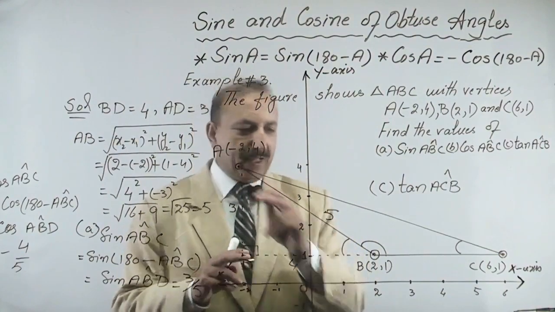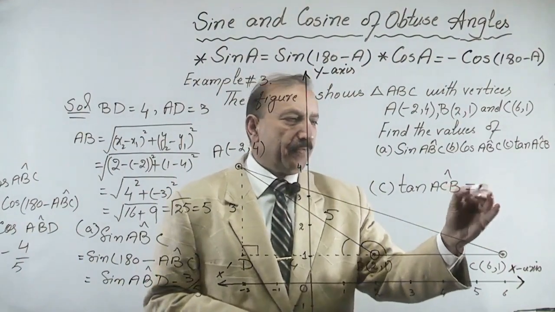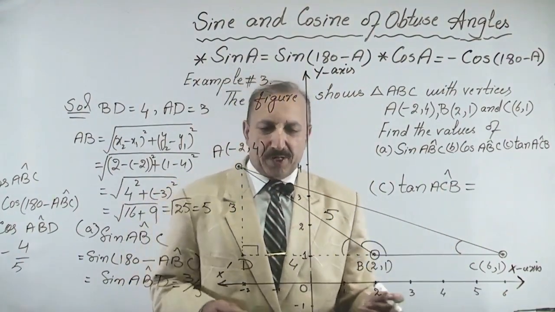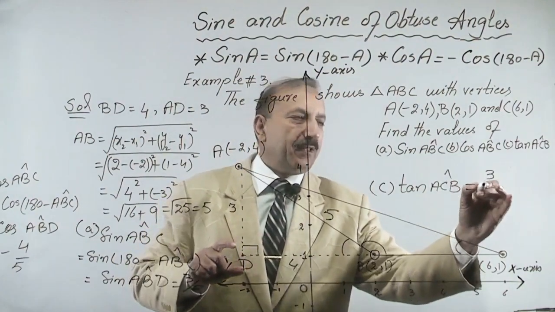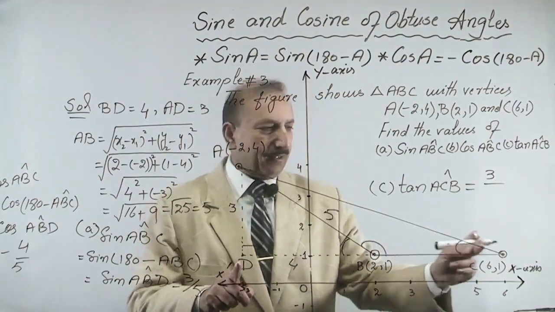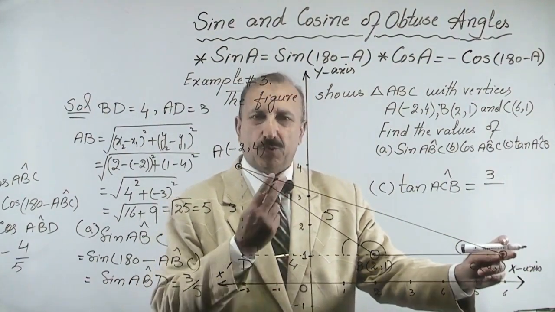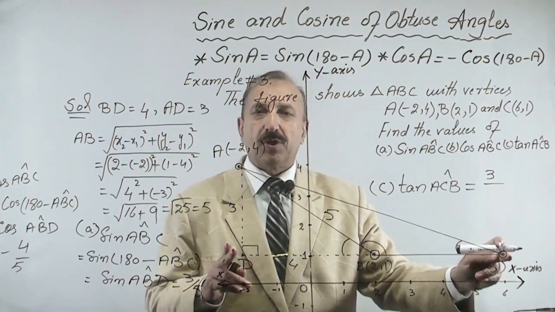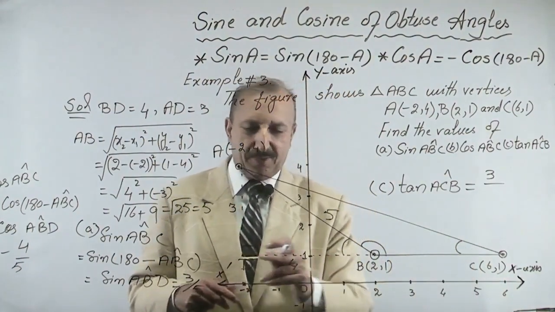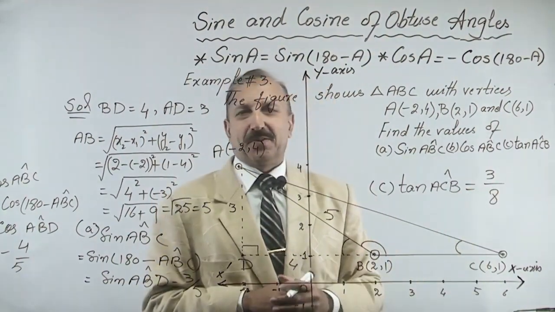This opposite and adjacent will help us write the value of tangent of ACB. So this we know is opposite, we will write here. Now let's check the adjacent from here till here. From here up to this line we have 2 units, from here up to this we have 6 units. As a total we have 8 units, this length DC. This will be 8 here, my dear students.